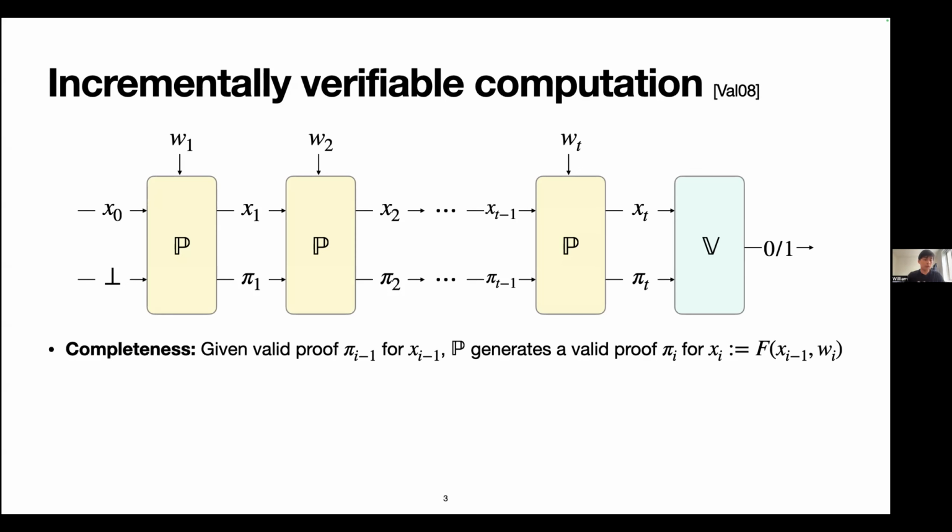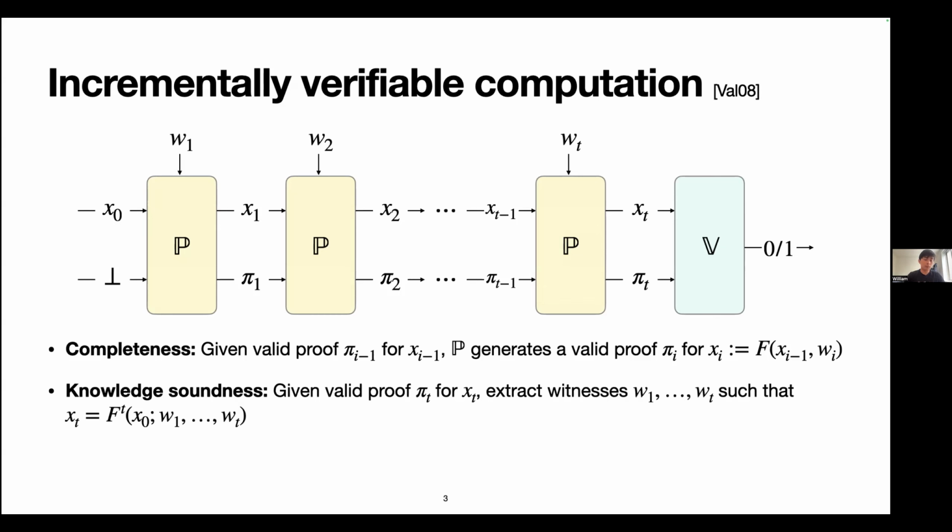Okay. So there are 3 key properties for IVC. The first is completeness, which basically says that given a valid proof for a current state, the proving algorithm is always able to generate a new valid proof for the next state. Knowledge soundness basically states that given a current proof for the current state, there's some way to extract the full history of the computation such that everything is consistent.